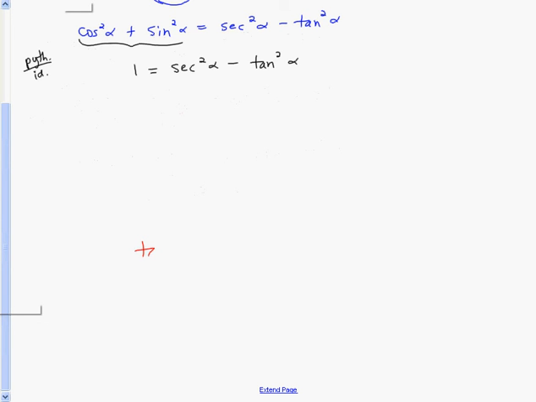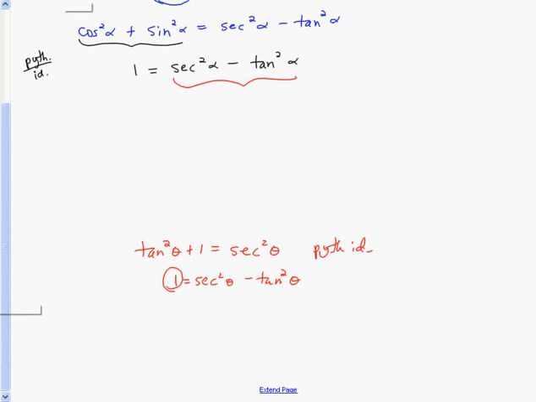What I formerly had was tangent squared of theta plus 1 equals secant squared of theta. This is also a Pythagorean identity, and I recognize that I could get this 1 by itself by subtracting tangent squared. So this part is actually equal to the 1 just because it's a rearranged Pythagorean identity.